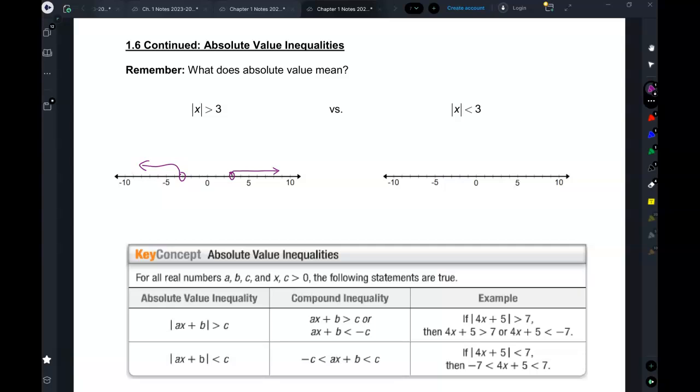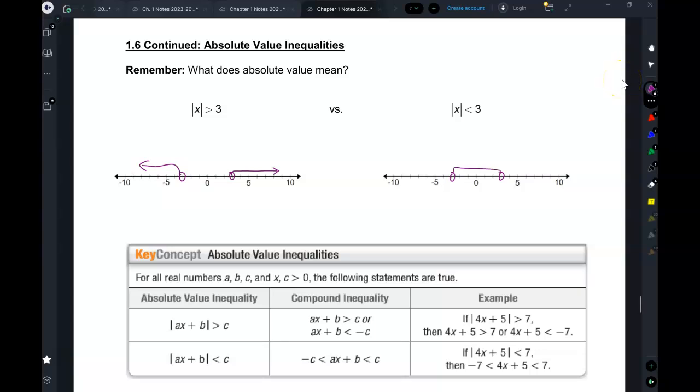Now, in the next case, I have the absolute value of x is less than 3. So I want all the numbers so that their distance from 0 is less than 3. So here is 3 units away, and here is 3 units away, and I want the distance from 0 to be less than that. So it's right here. Now, what type of inequality does that look like?